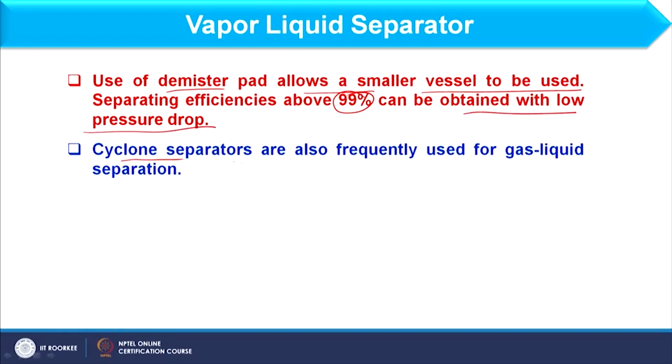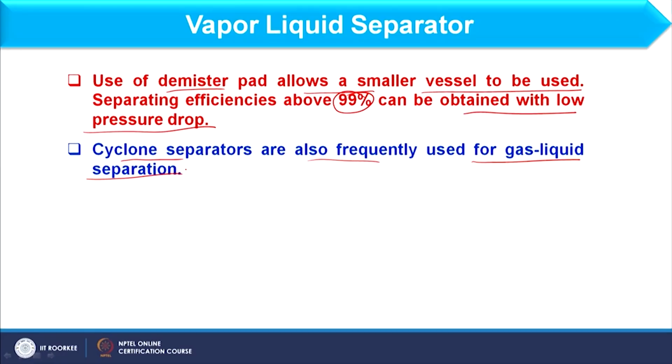Further, in some cases cyclone separators are used frequently for gas liquid separation. That cyclone separator works with centrifugal action, where liquid is available at the inner wall, and through that wall the liquid settles down.